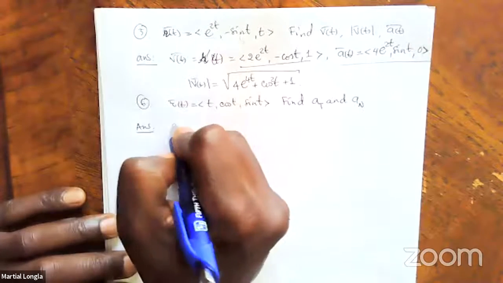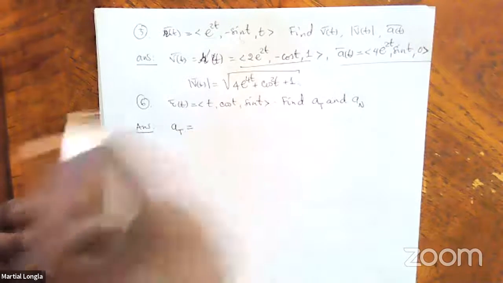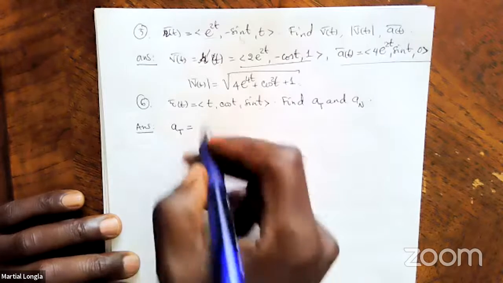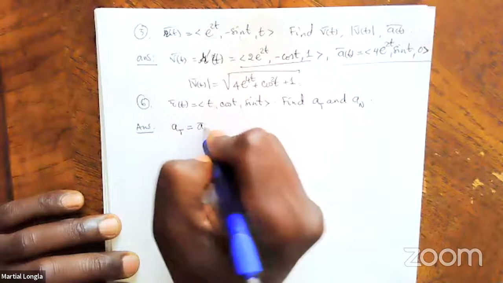What's the formula that we use to find AT? A dot T. So start by that.